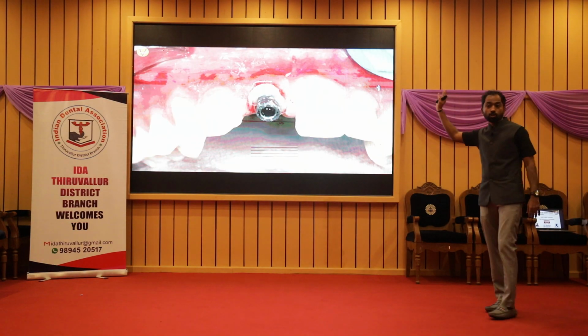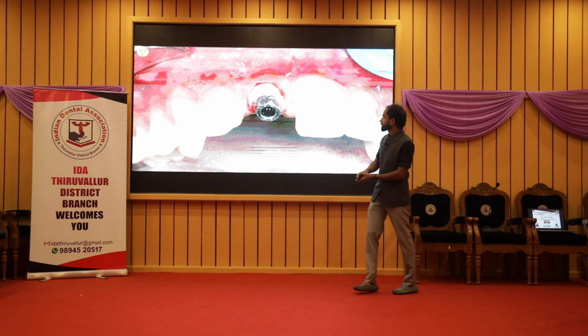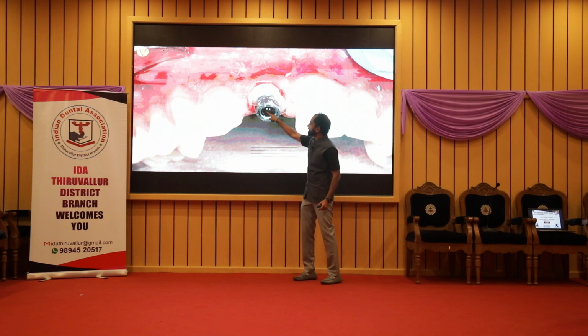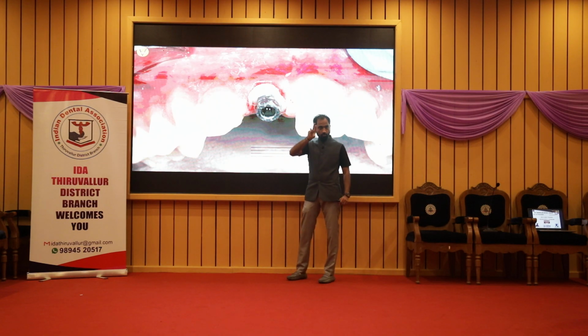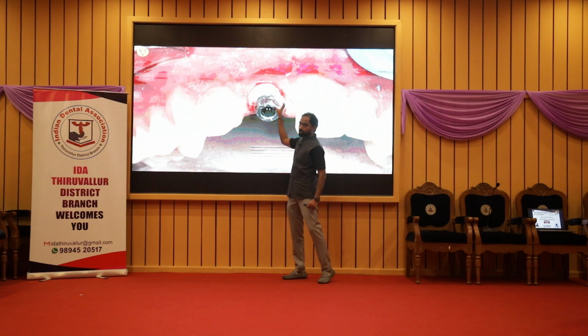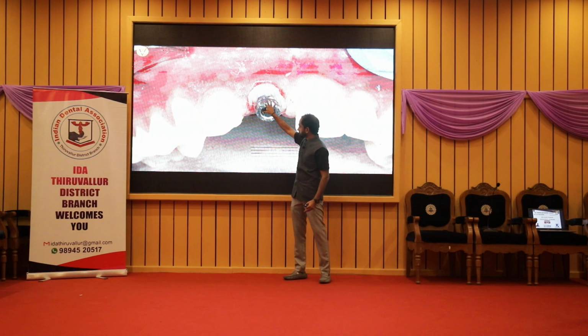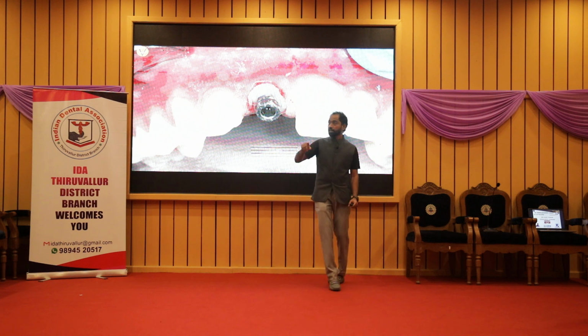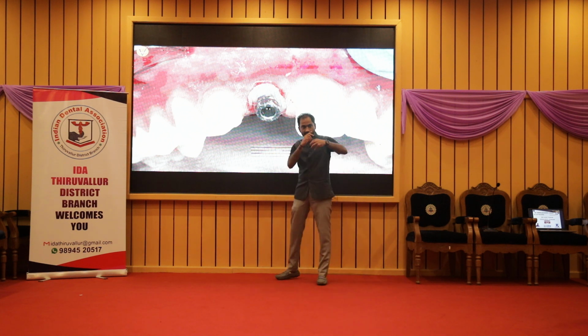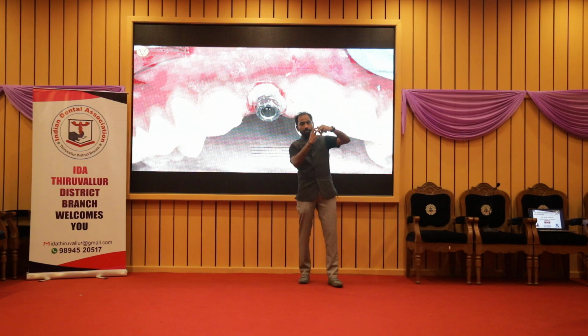This is a customized impression coping. I took the impression coping and added composite material to it so that it will support the entire tissue. So when I take this and give it back to the lab, they will get the entire inside area, so their crown will also be prepared accordingly.